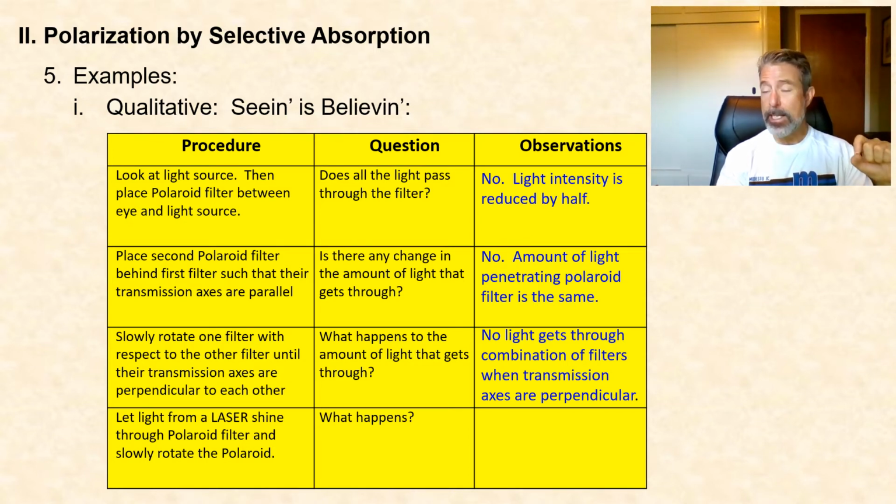And at 90 degrees, according to the law of Malus, no light should get through the analyzer, since we know that the cosine of 90 has a value of 0. So in the last demonstration that we'll take a look at, we will verify that laser light is indeed a source of polarized light.